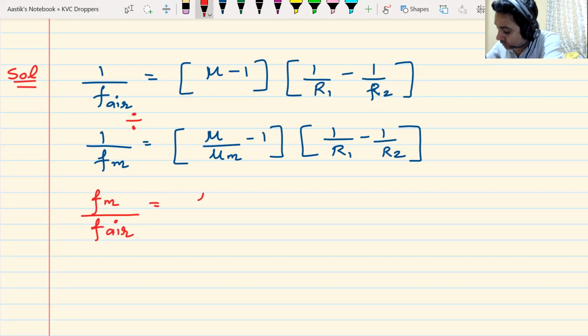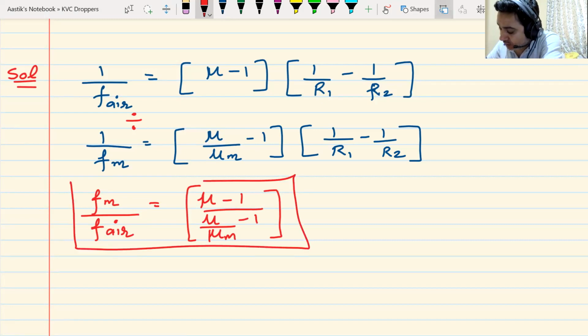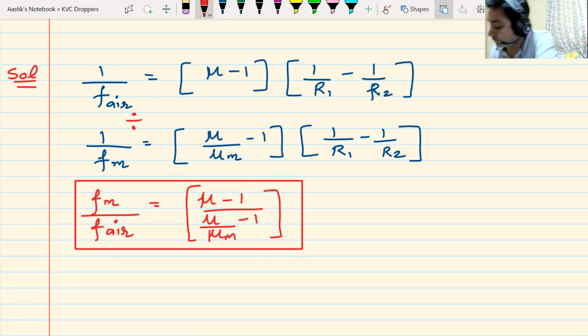That will be equal to mu minus 1 divided by mu m minus 1. Now this becomes your shortcut formula to calculate the focal length in any medium. So I can write this formula in this way.